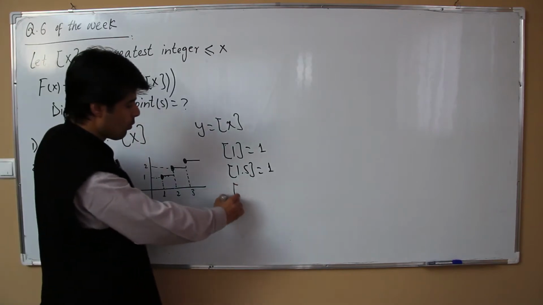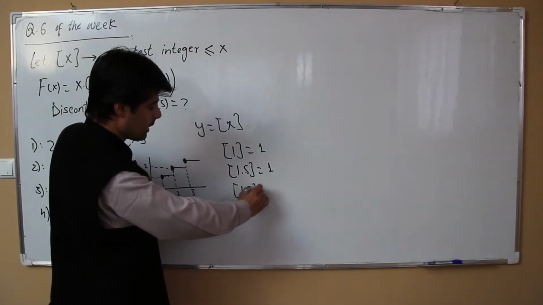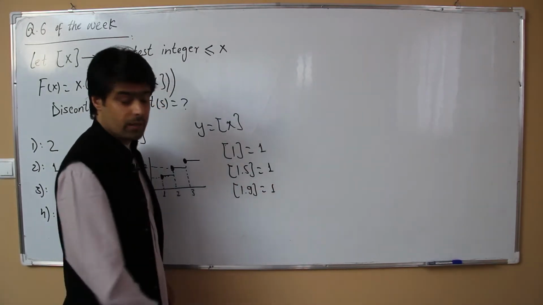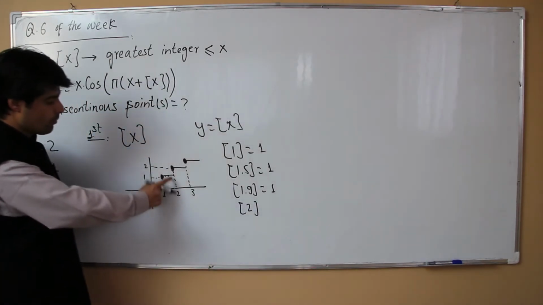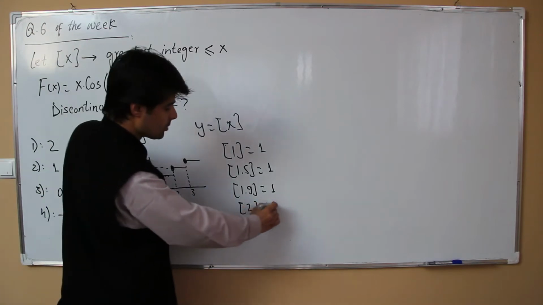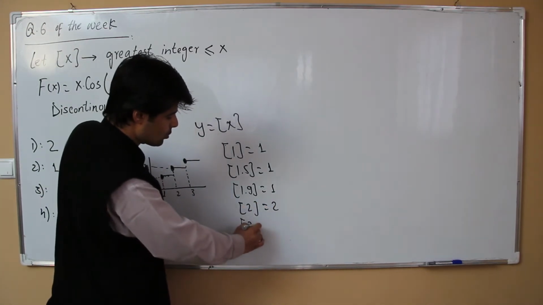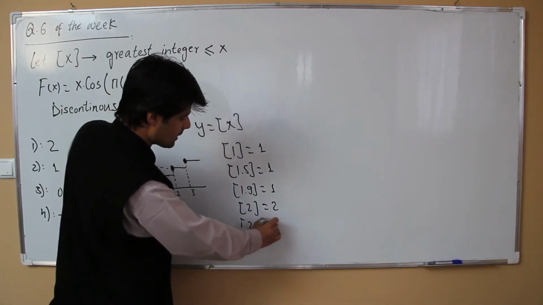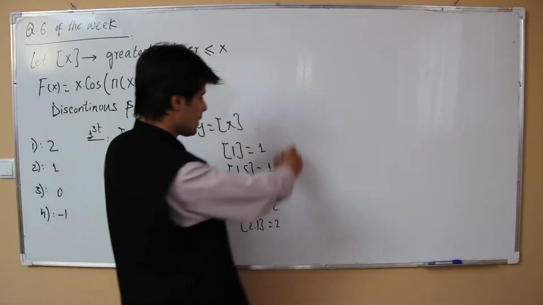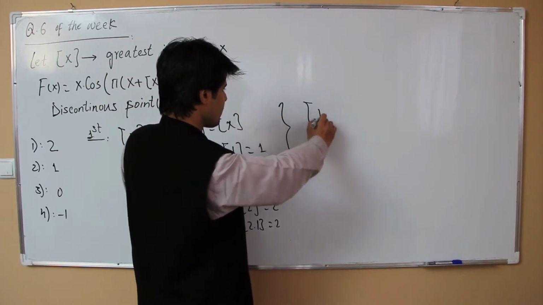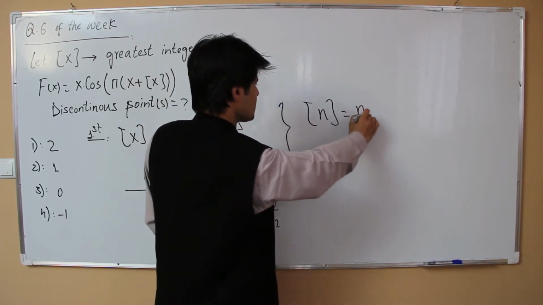If we have 1.9, the answer is once again 1. For 2, the answer is 2. But if we have 2.1, the answer is once again 2.